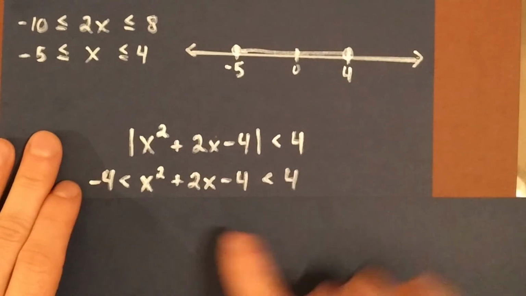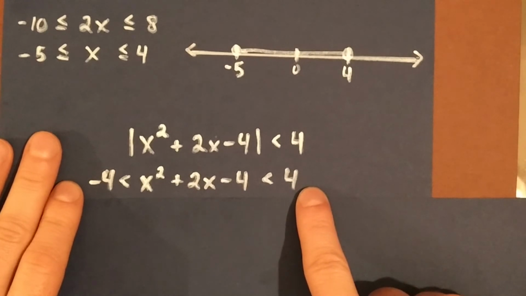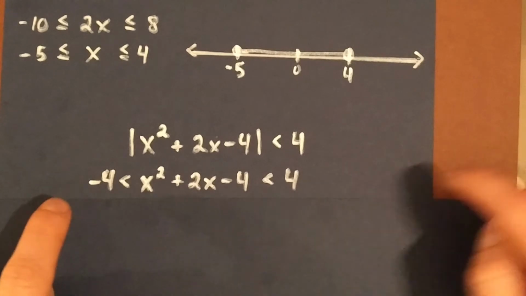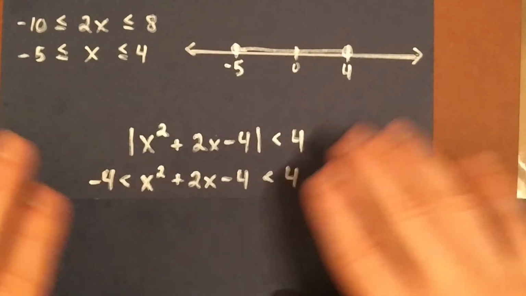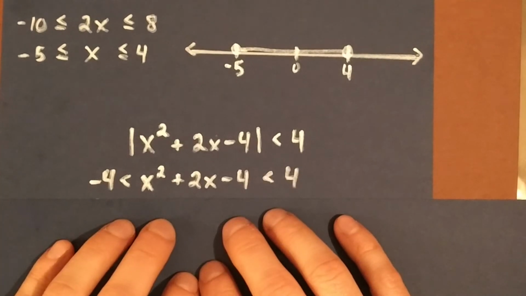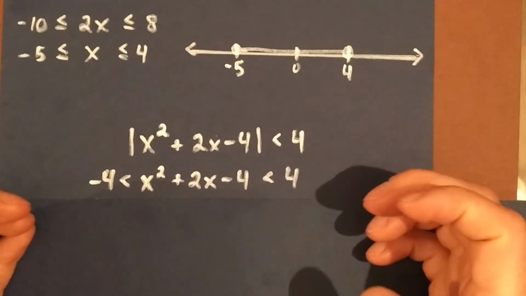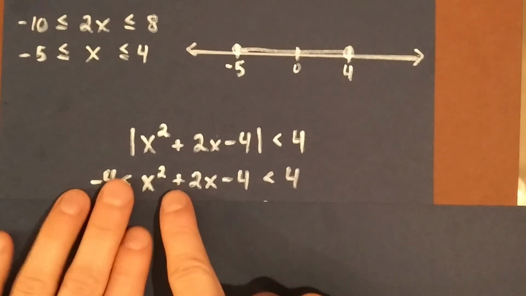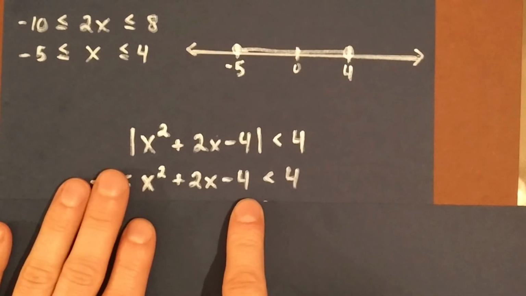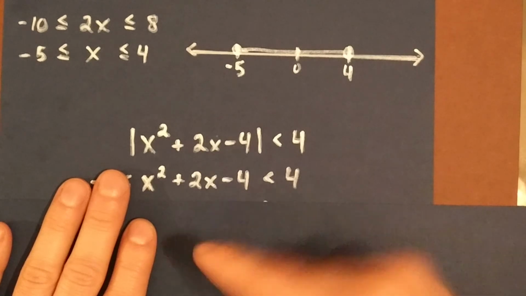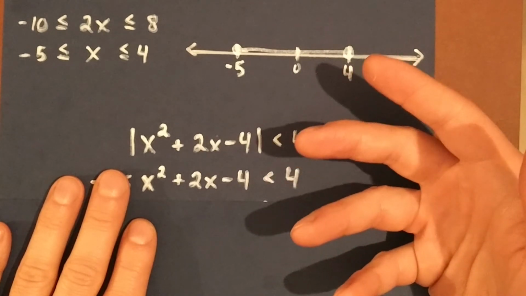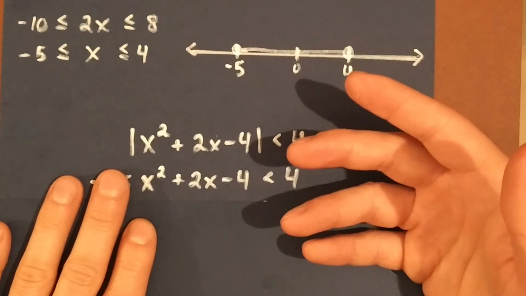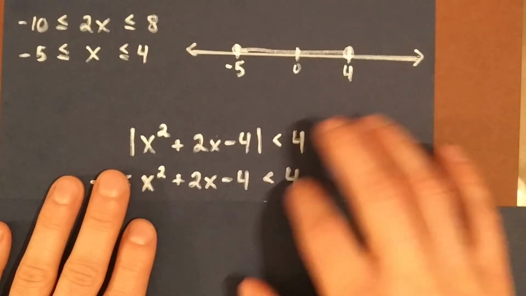So we can start by setting up this compound inequality, and this is really two separate inequalities. In fact, in this case, we have to think of it as two separate inequalities, because how would we solve a quadratic equation or inequality? Normally, if we want to factor it, or use the quadratic formula, for example, we would set everything equal to 0.